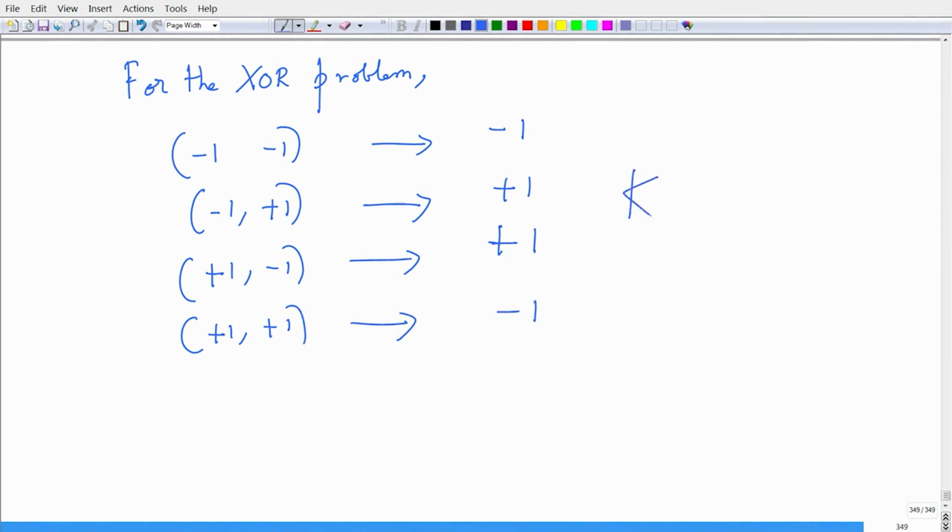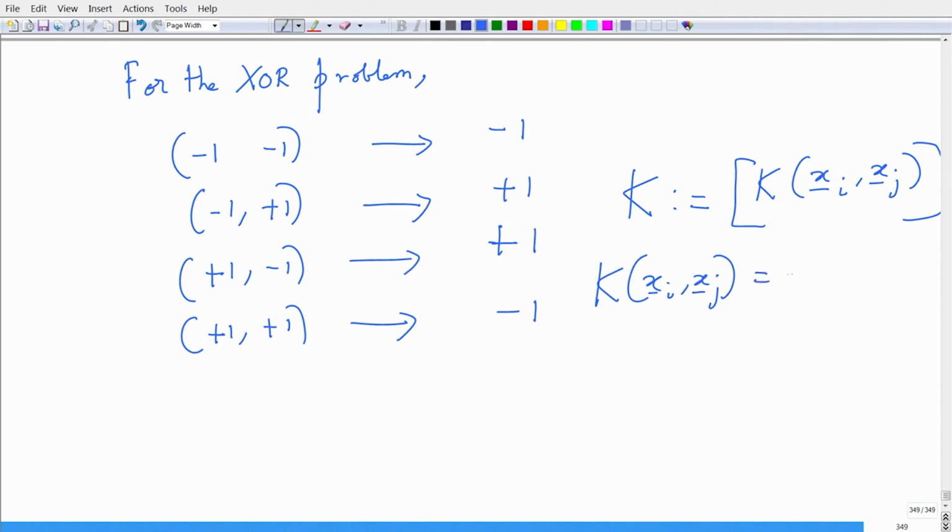I can formulate the Gram matrix K, where each element of this matrix is the kernel that acts on the vectors xi and xj, given by k of xi comma xj equals phi transpose of xi times phi of xj.